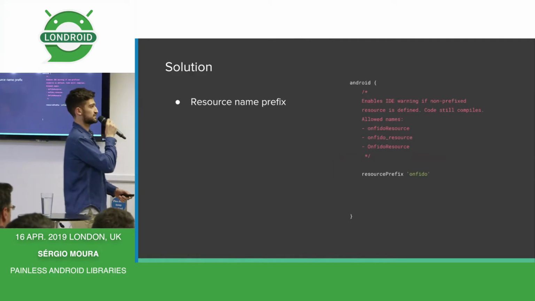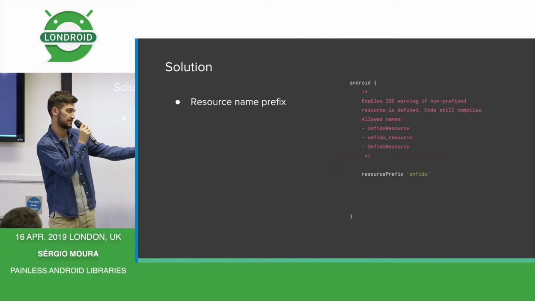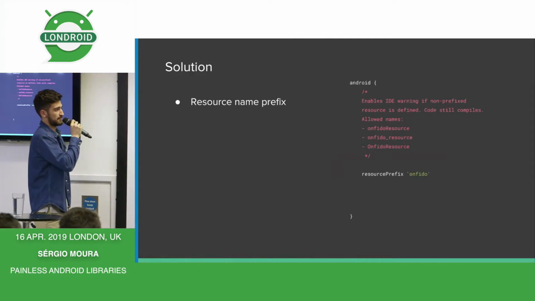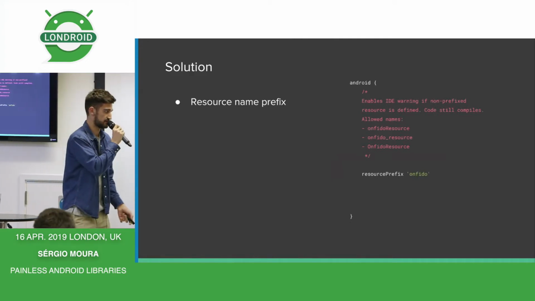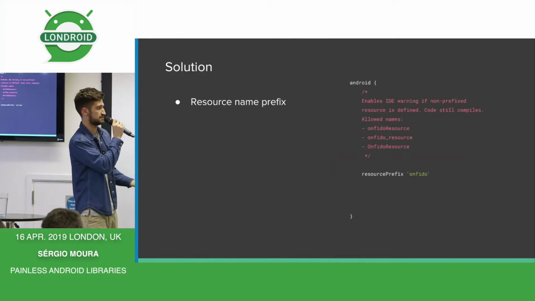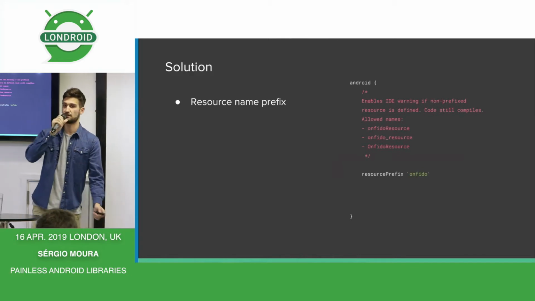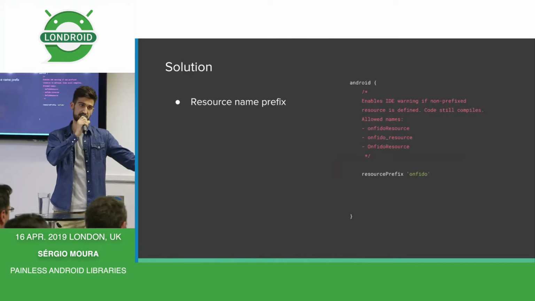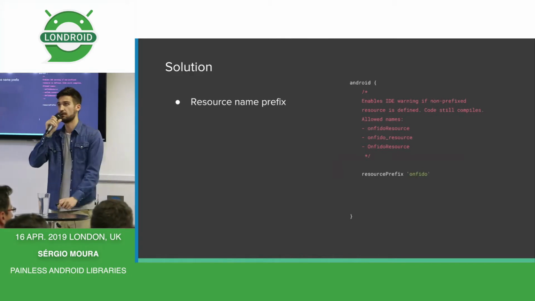And here I have an example of the allowed names that you can have with that prefix. So if you define the prefix as, for example, Onfido, lowercase, then you can put Onfido and the name of the resource, camel case, snake case, pretty much anything as long as it starts with the prefix, case insensitive.